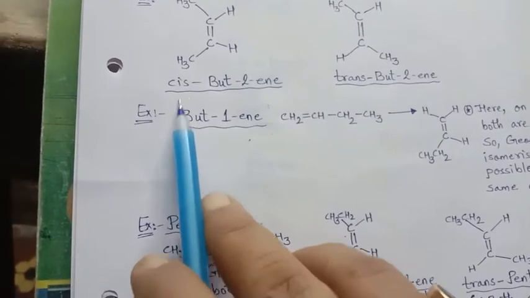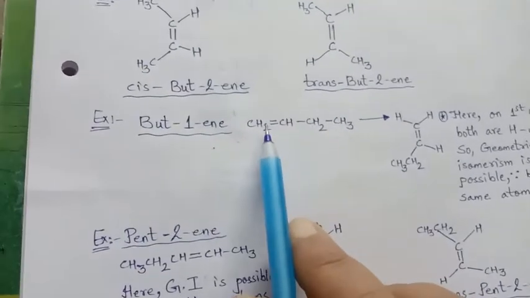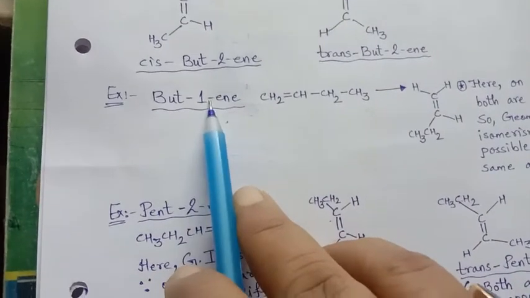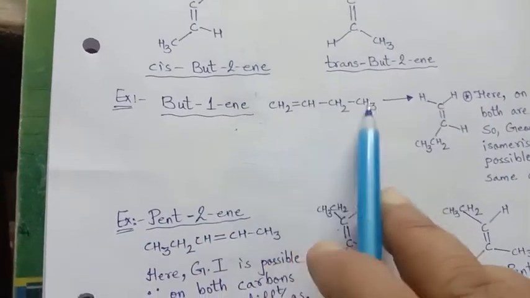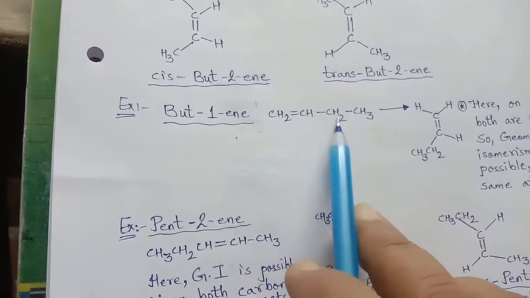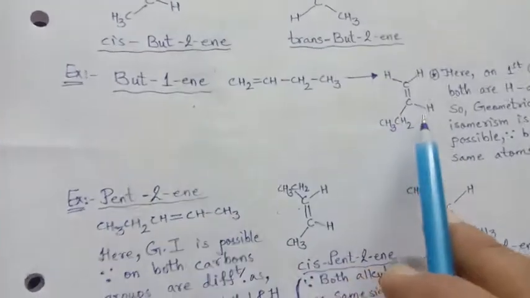Now if this is given as an example to us, first of all we will go for the straight chain structure. So but-1-ene. I will have 4 carbons first, and on the first carbon I want a double bond. So CH2 double bond CH, CH2, CH3. Let us now give this straight chain a geometry.